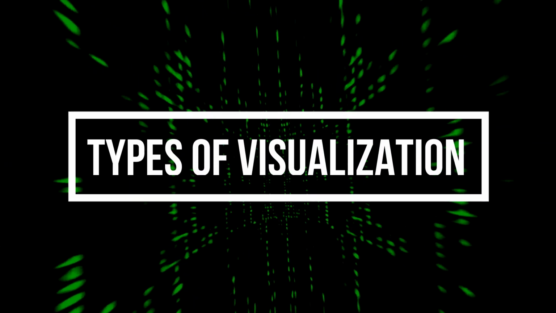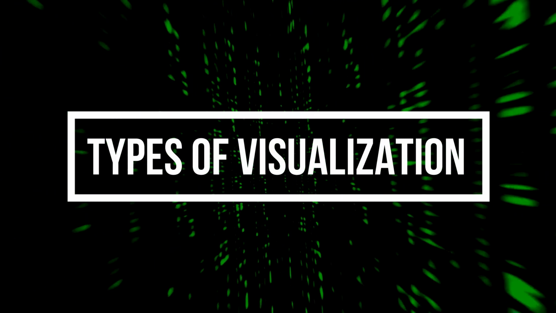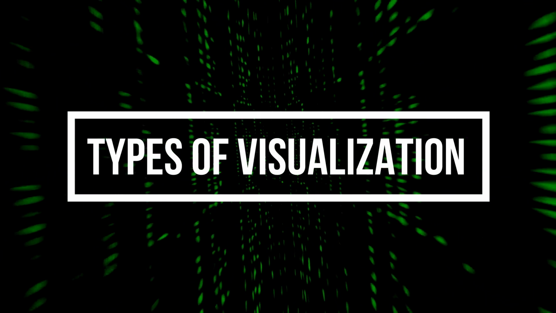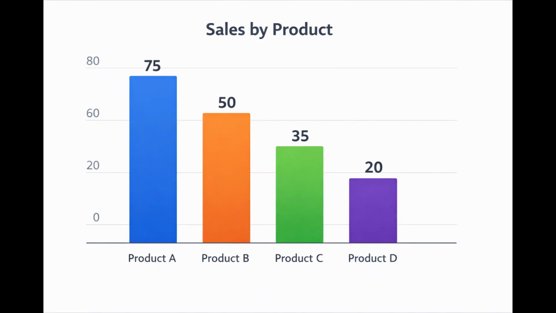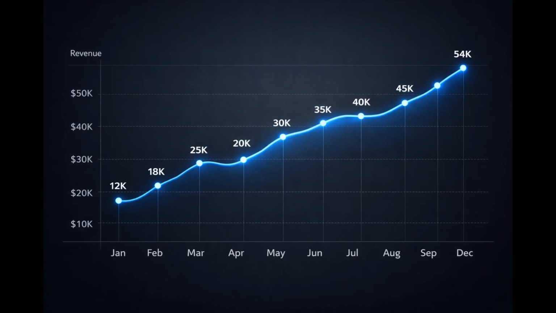Okay, so now there are different types of data visualization. Let's understand the most common types. First of all, bar chart. A bar chart is used for comparing categories, for example when we visualize something like sales by product. Then there is line chart, which is used for trends over time, for example monthly revenue.